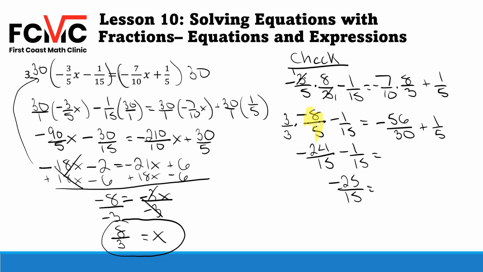And I need to multiply this fraction here by 6 over 6 to get a common denominator of 30. So I'm going to get negative 56/30 plus 6/30. So we're going to get negative 50/30.